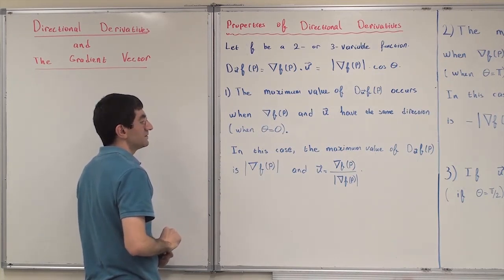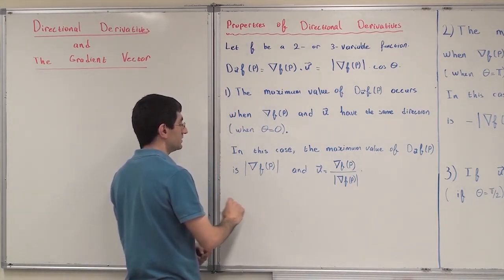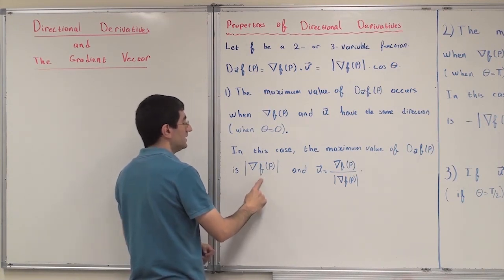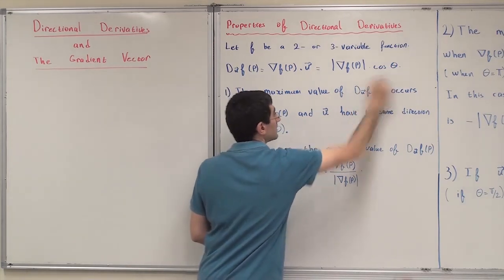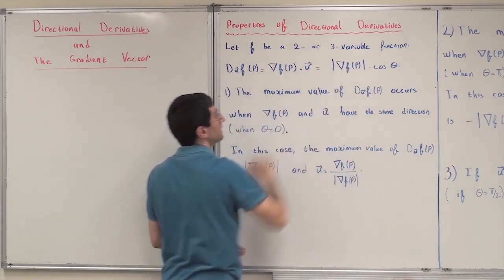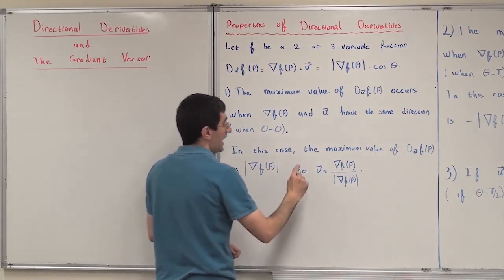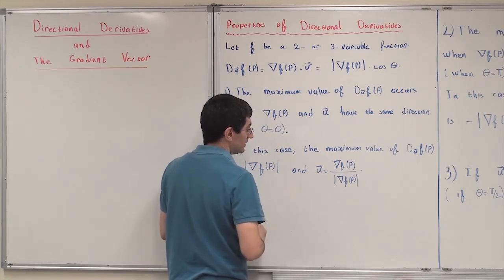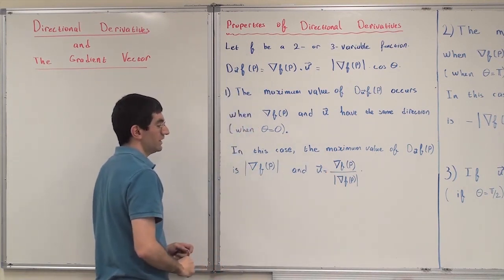And in this case, the maximum value of the directional derivative is going to be the magnitude of the gradient vector. So as I said, the cosine will be 1 and the directional derivative will be equal to the magnitude of the gradient. And the direction vector is going to be the unit vector in the direction of the gradient vector.